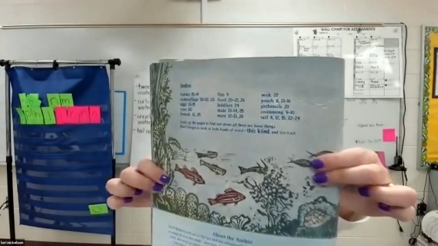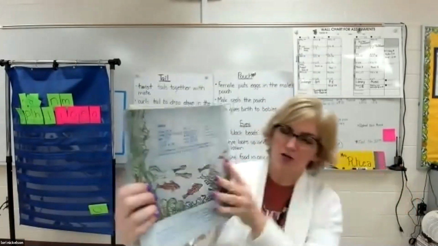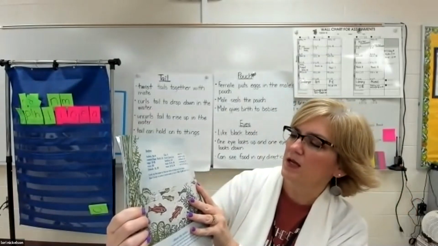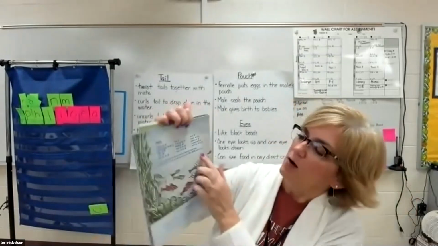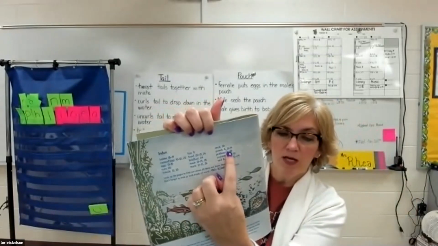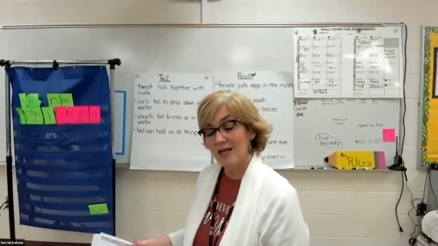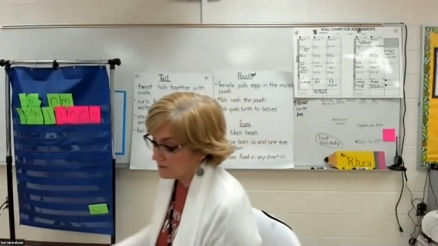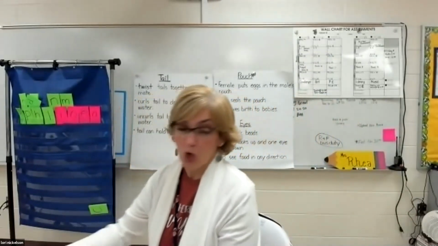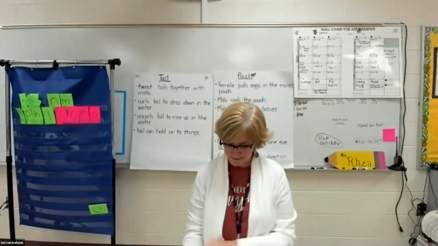Remember, there's the index, and it shows where you can find things. Like if I wanted to find something about their pouch, I would find the word pouch, and it would tell me the page numbers I could find pouch on. So indexes are helpful in finding information quicker instead of having to scan the whole book.